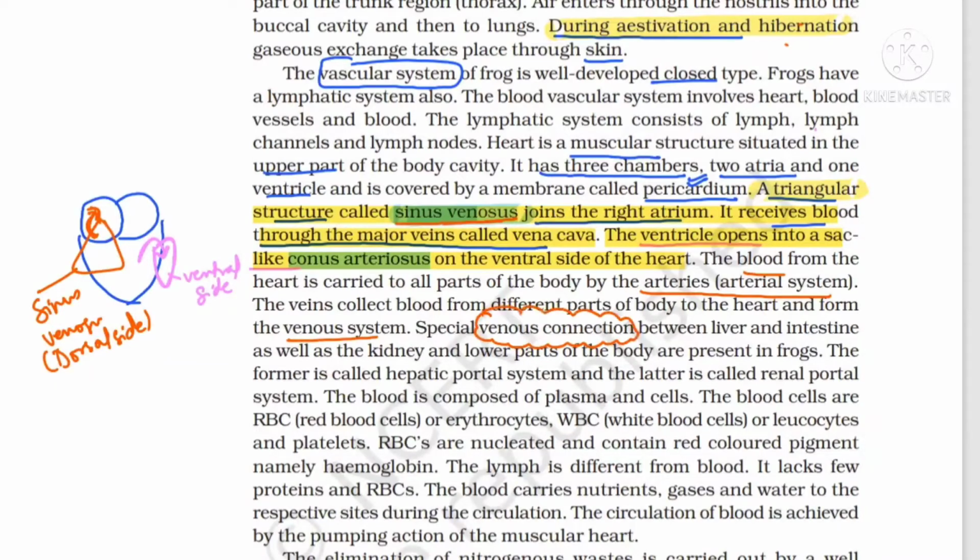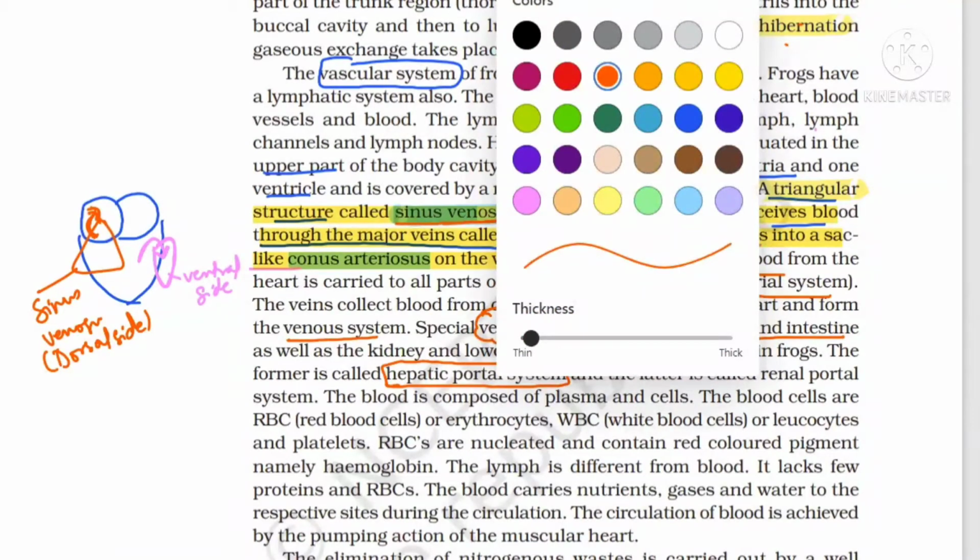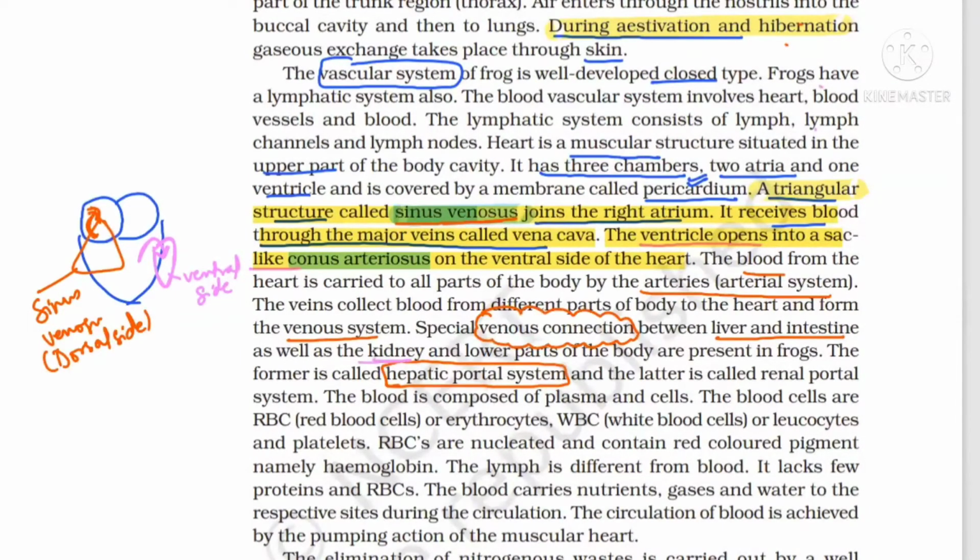The one present between the liver and intestine is the hepatic portal system, and between the kidney and the lower part, you call it the renal portal system. So two portal systems are there. If you want, you can make it this way.